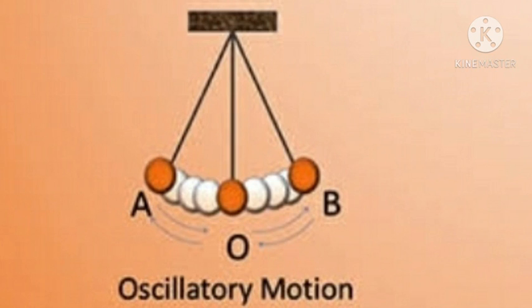This is the mean position of the pendulum, and on one side it moves to, and on the back side it moves fro. So it is a repetitive to and fro motion about its mean position. In the same way, our swing also moves to and fro from its mean position.